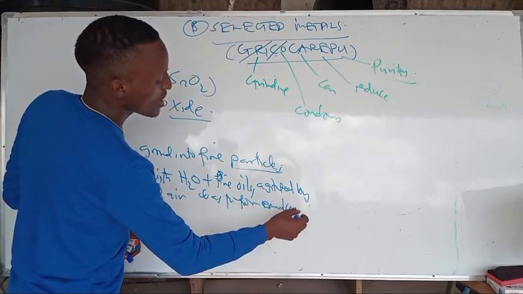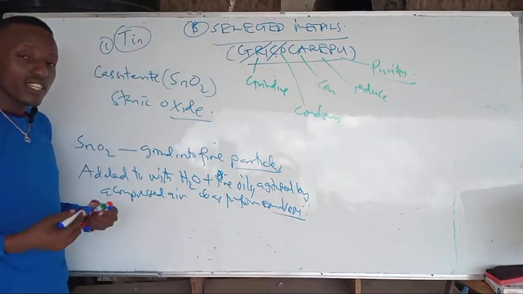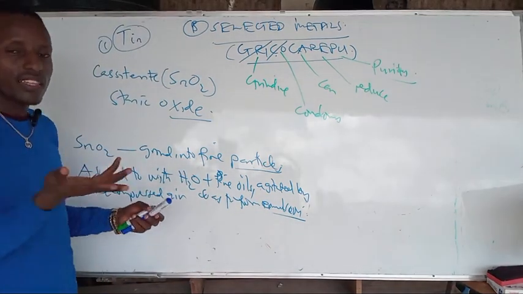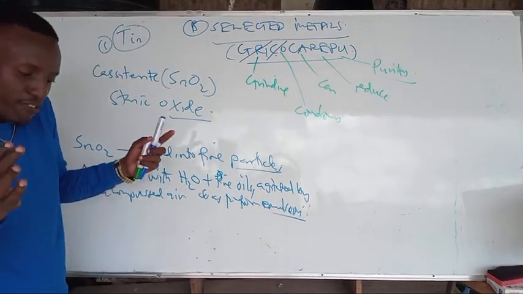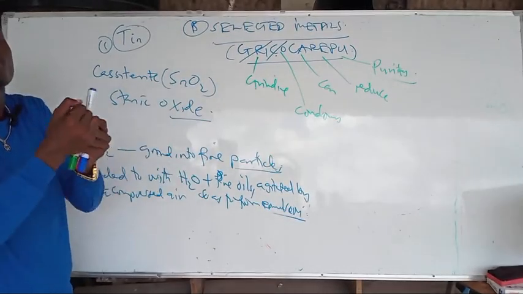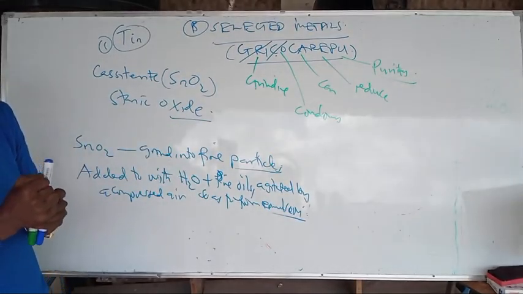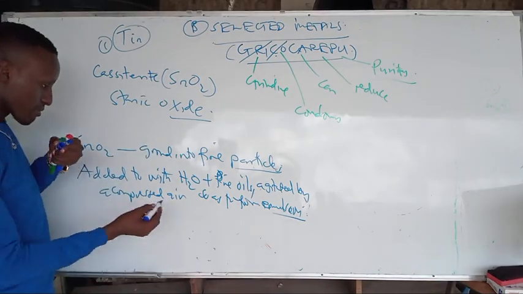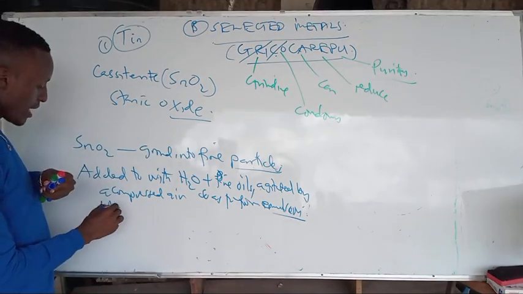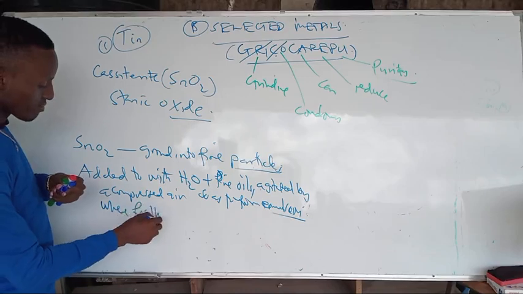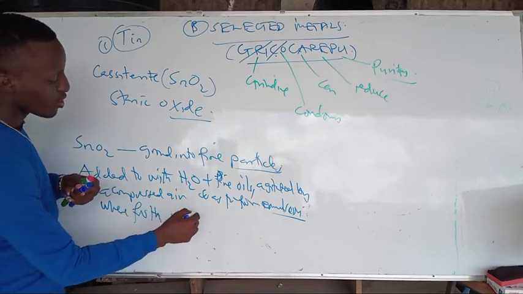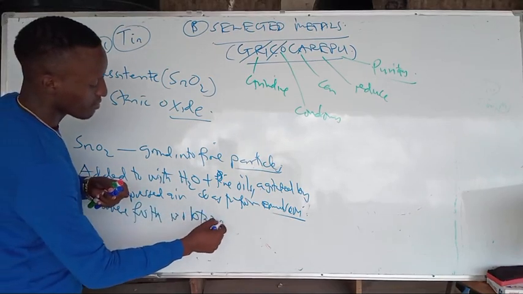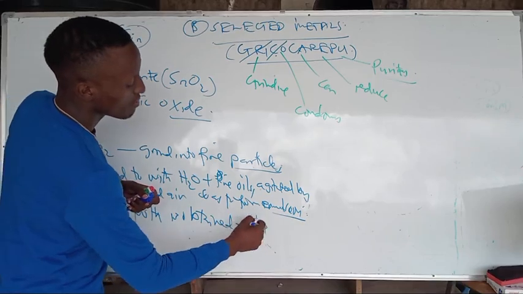So what is an emulsion? A mixture of solids and liquids, while the solids form at the upper side. So the froth is obtained because it's hydrophobic to water. So the froth is obtained at the top.